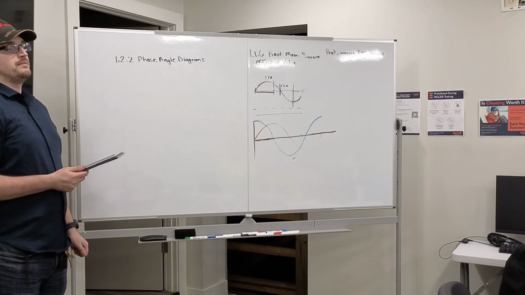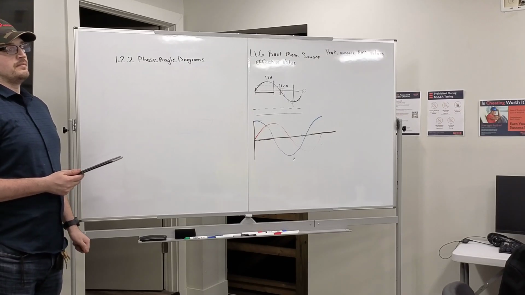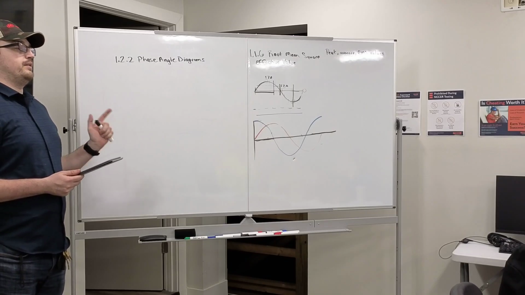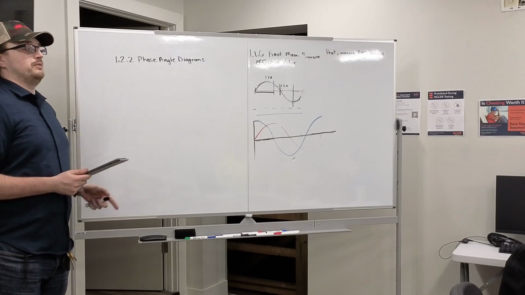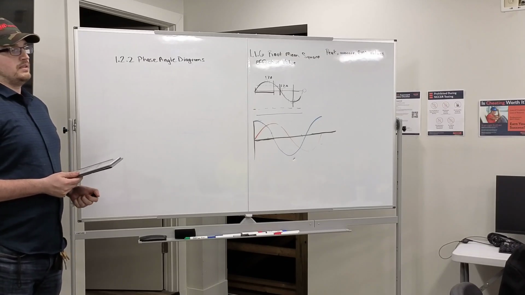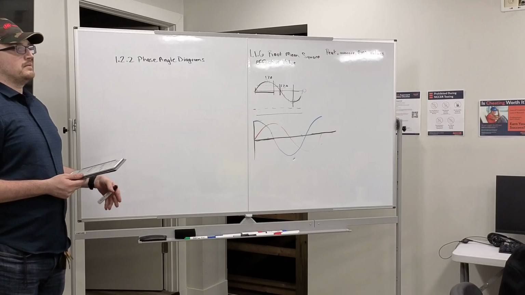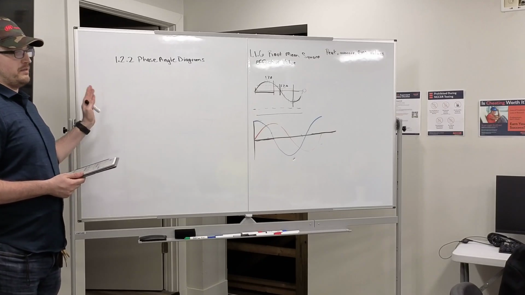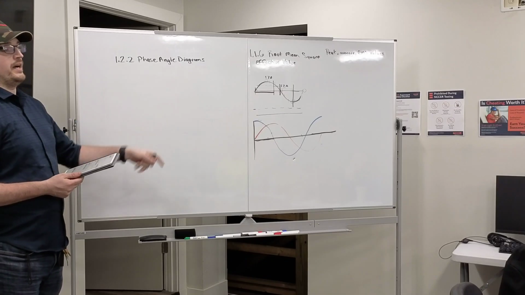You need a value, a magnitude, and a direction. The angle of the line is its direction, and the length is the magnitude.